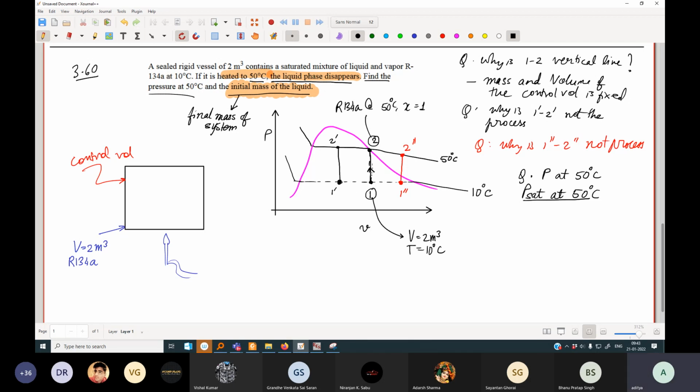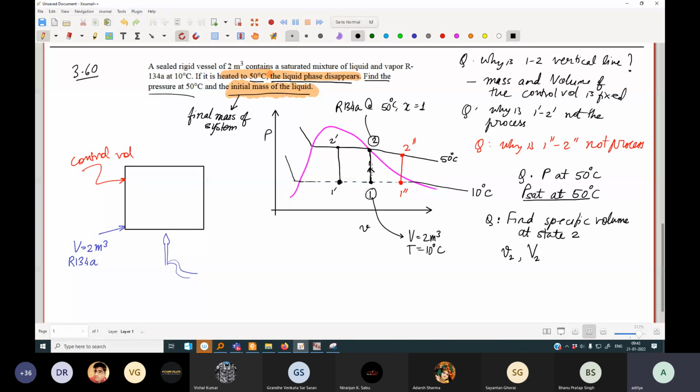So the strategy should be: find the specific volume at state 2. Regardless of whether the system is at state 1 or state 2, we know what the total volume at state point 2 would be.